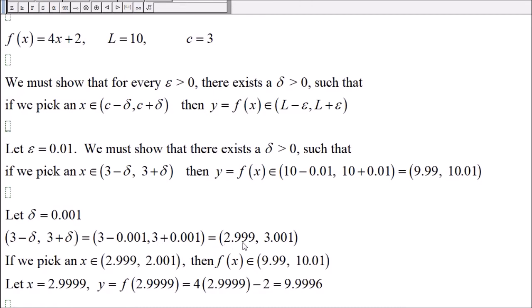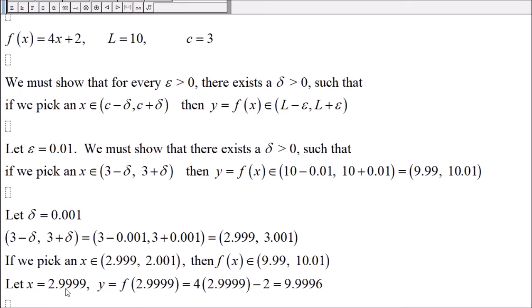is 2.999 and 3.001. Now if we pick a number x from this interval, then we must show that the corresponding y value is inside of this interval. So let's pick a number from this interval.